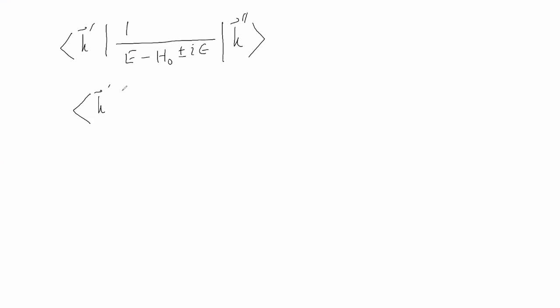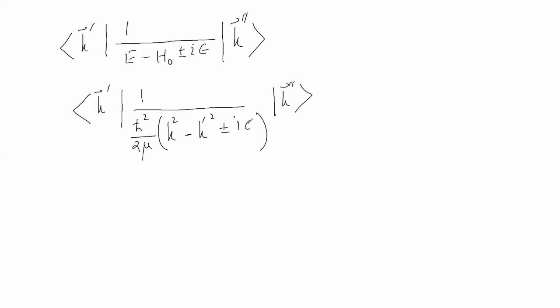Therefore, I can write K prime, h cross square by twice mu, K square minus K prime square plus minus, what should this part be?